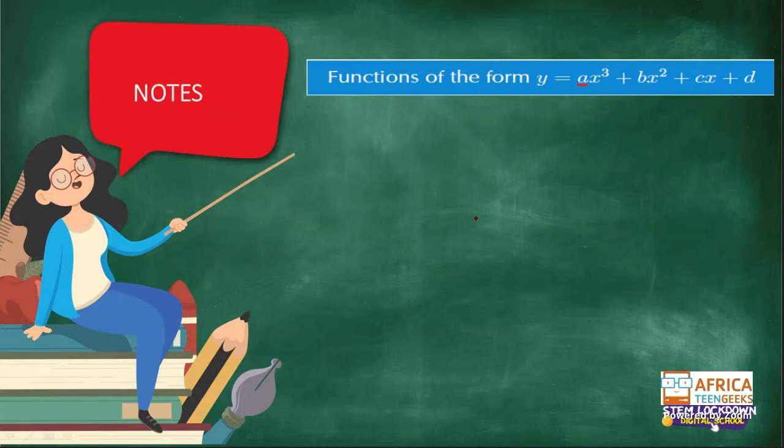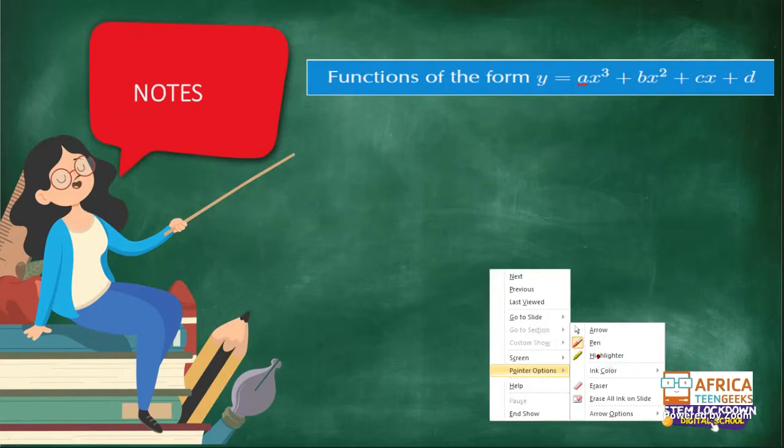If you tried the homework, you will notice that when your a is greater than 0, your function will look something like this.